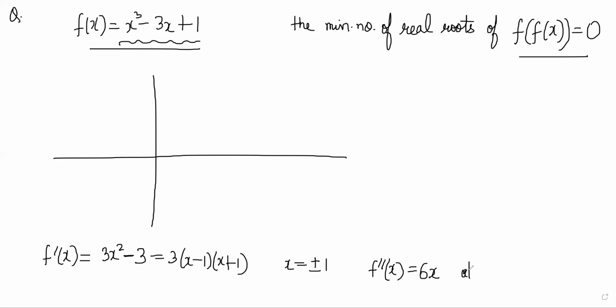So at x equal to 1, the double derivative is positive, so that is a minima. At minus 1, the double derivative is negative, so it's a maximum. There is a maxima here at minus 1. The value of f of x at minus 1 is minus 1 plus 3 plus 1, so plus 3.